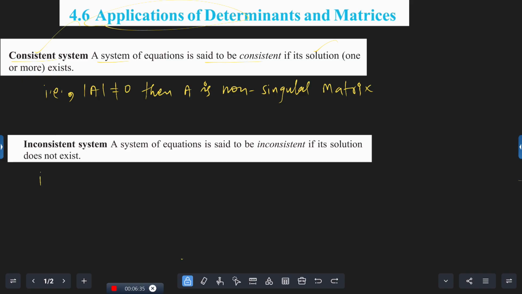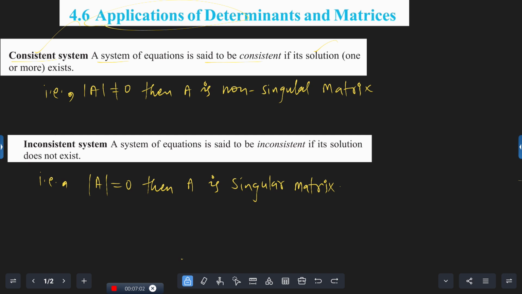In the same manner, how am I going to check inconsistent? The same thing: when you take the determinant of A, if it comes 0, then A is a singular matrix. If it is a singular matrix, the system of linear equations does not have a solution.